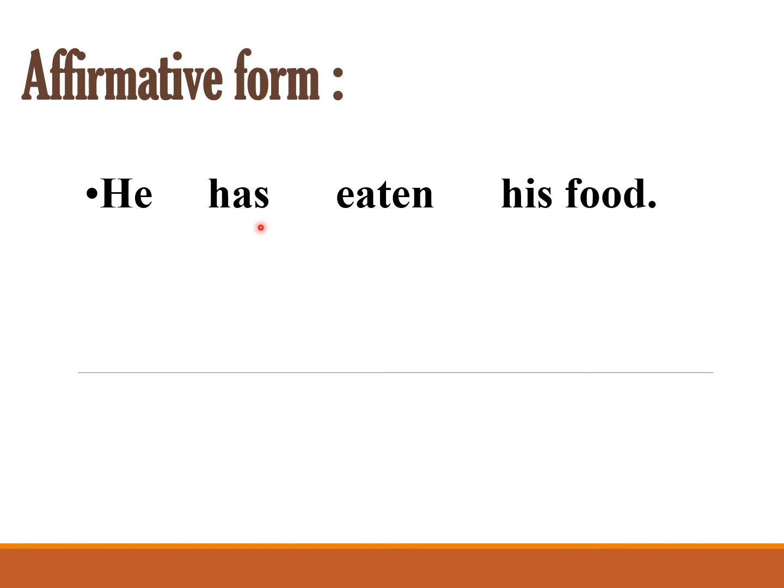After has or have, we have to put the verb past participle, then complement. So the form of the positive sentences in present perfect: subject, has or have, here we have he, so has, then verb past participle and complement.